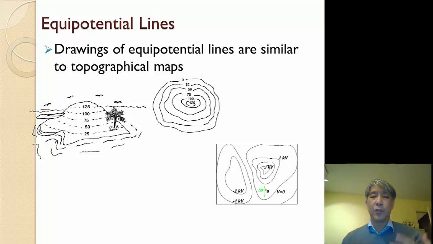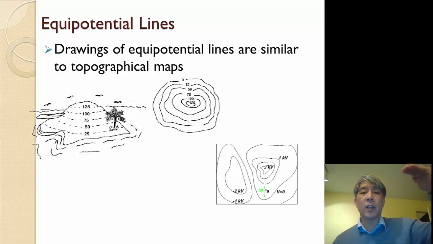Remember, the concepts of voltage and altitude are similar, except voltage is for electric fields and altitude is for gravitational fields. Higher voltage implies more potential energy if I put a charge there. Higher altitude implies greater gravitational potential energy if I put a mass there.